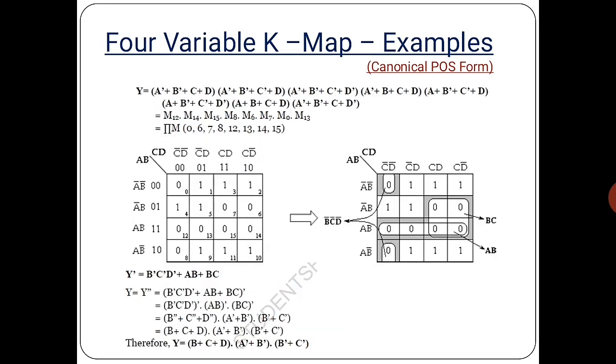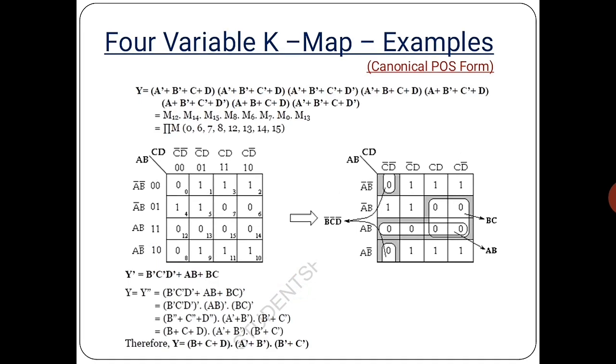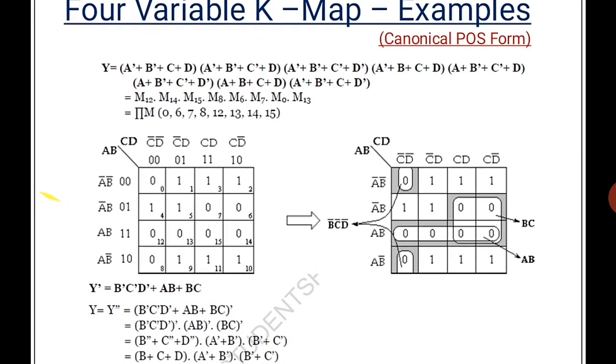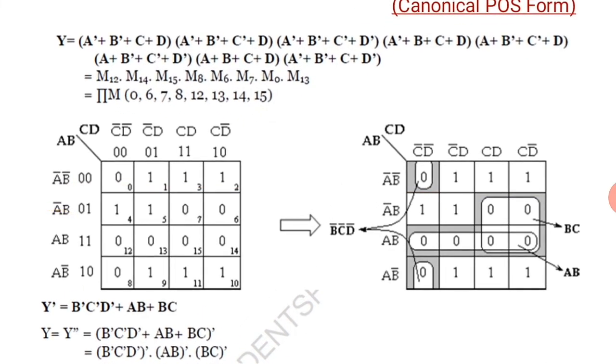So that is for the 3 variable canonical form, and also we have the 4 variable canonical form. In this particular case the min term values, sorry, the max term values are 0, 6, 7, 8, 12, 13, 14 and 15.